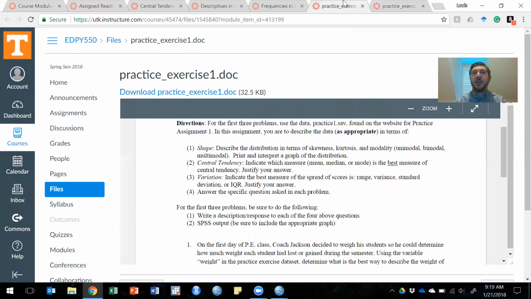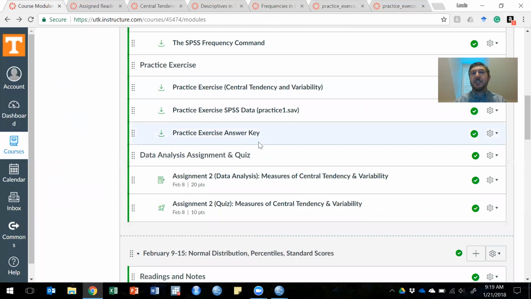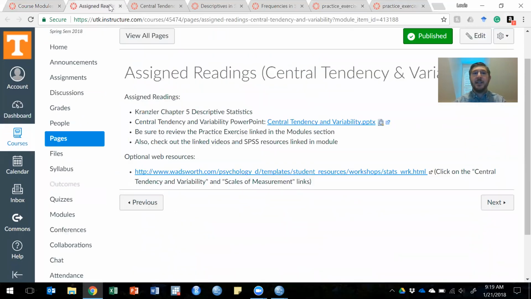So I'd work through the practice assignment first on my own, and then you can check yourself with the answer key here. All this is linked in Canvas. You can see I also have the SPSS data set on here too, which you can download, and we'll look at that in a little bit as well.